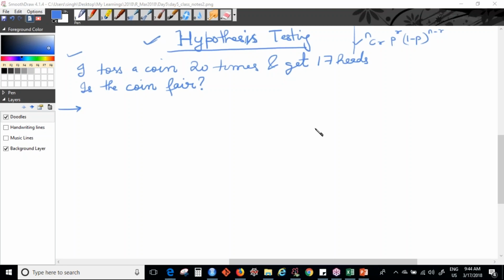Is that what you are saying? Yeah, we may get this result. Deepayan says that it is probably unfair. And no, Anand, it is not impossible. What do you think? If you toss a coin 20 times, do you think you will get 17 heads?